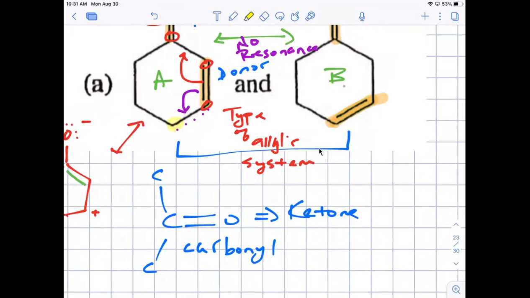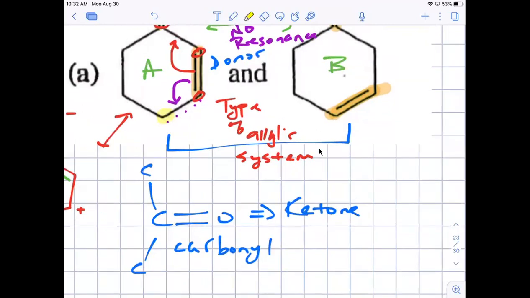And why can't it accept electrons, the yellow carbon? Let me ask this question. What are our examples of acceptors? We said a pi bond can be an acceptor, right? And a positive charge, a cation.